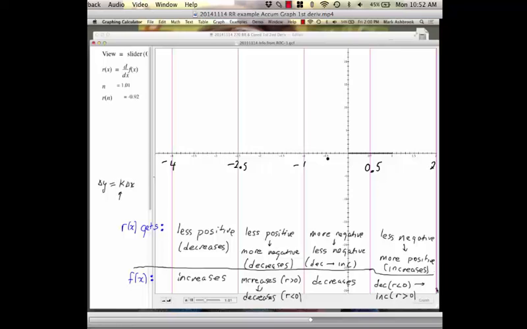This is 2.5. So in the first interval, f is increasing, but the rate is getting less positive, or the rate is decreasing. How is that possible? So it's got to be going up.